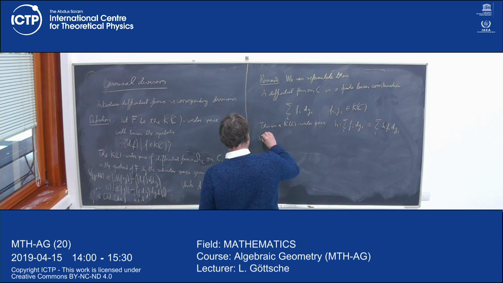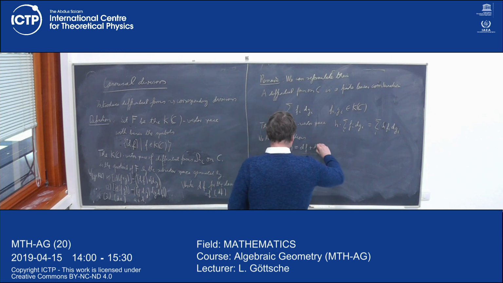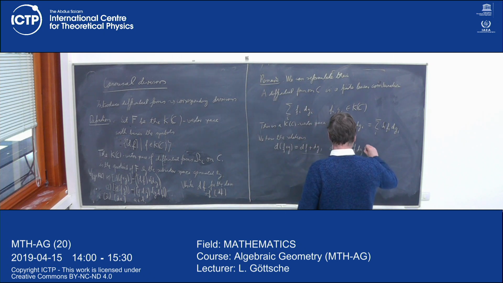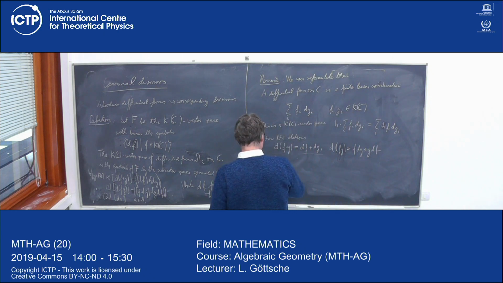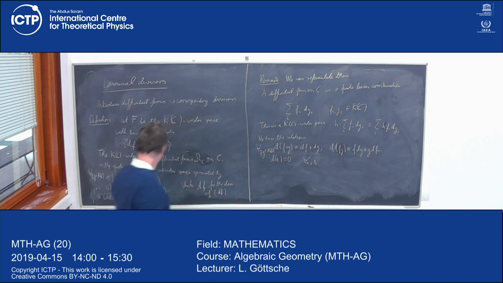And we have the relations: d(f+g) is equal to df plus dg, d(fg) is equal to f dg plus g df, and this is for all f and g in K(C), and d(a) is equal to 0 for all a in K. So this is just a reformulation of this.